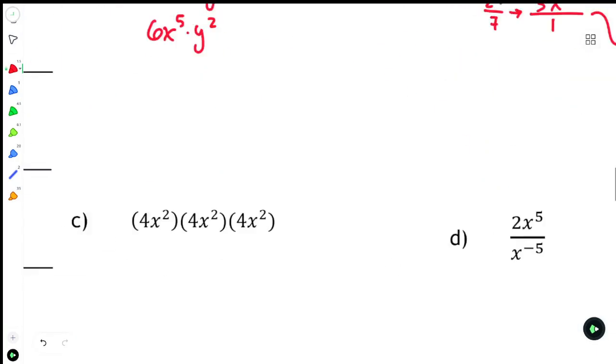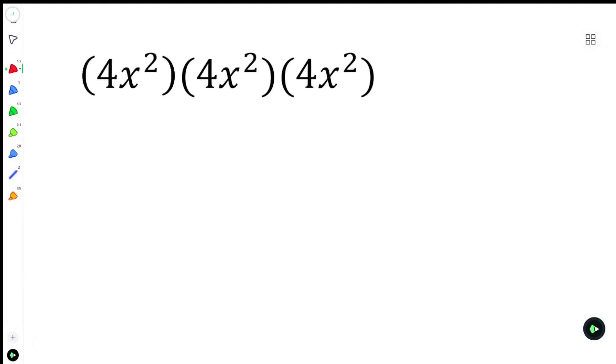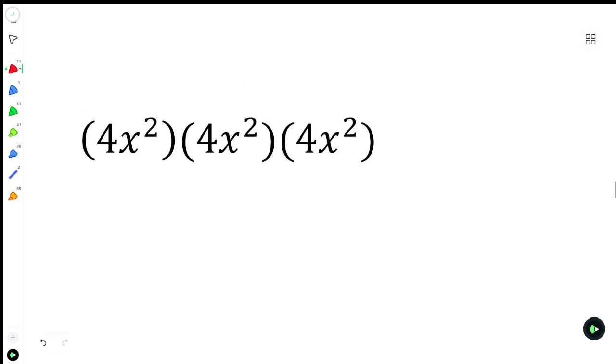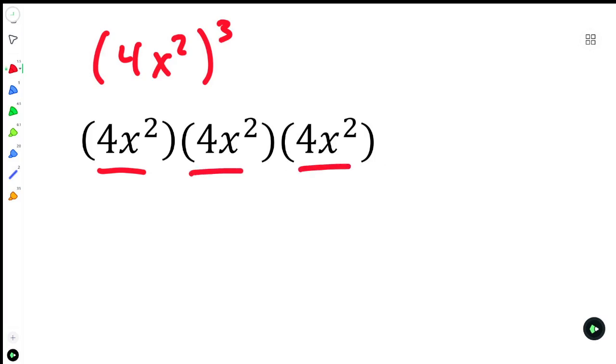Okay, so for C, this is the same as 4x squared to the 3rd power. I have 1, 2, 3 of these 4x squareds, right? 4x squared, 4x squared, 4x squared. Part of my answer is I've got a 4, a 4, and a 4.